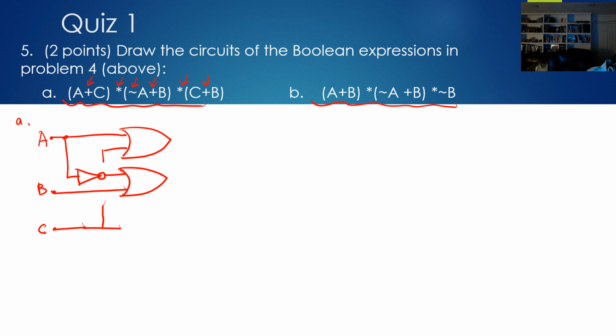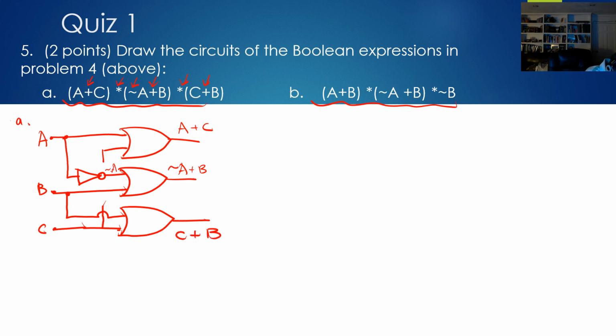So that's tilde A, and that's B. So this is going to be tilde A plus B, and this is going to be A plus C, and the last one I have C and B, so that's C plus B, right?